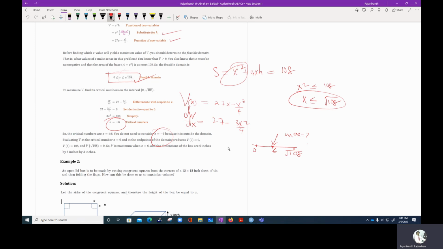How do you know? You could use either the first derivative or second derivative test you studied earlier. If you check using the first derivative or second derivative, it will give you, yes, the function has a maximum at that value. What is that function value? Remember the volume formula? The volume formula was this in terms of x, right?